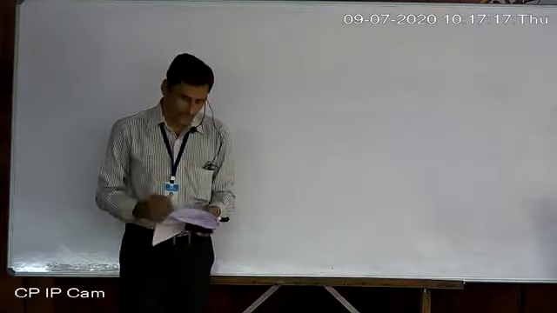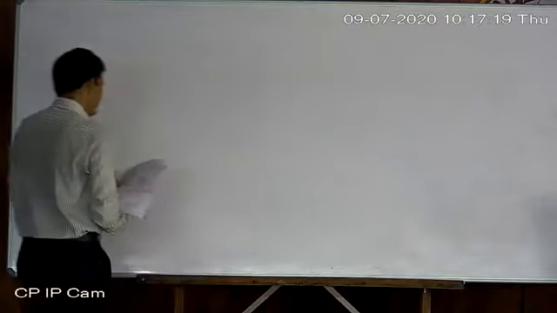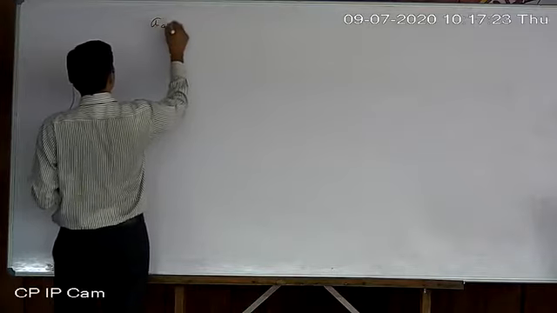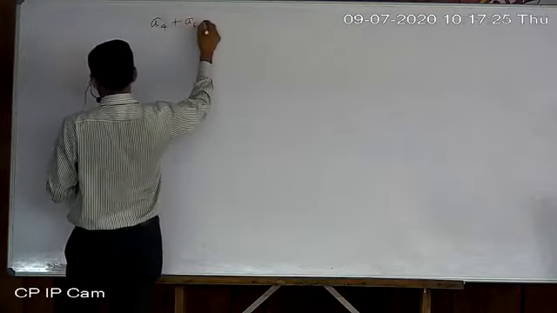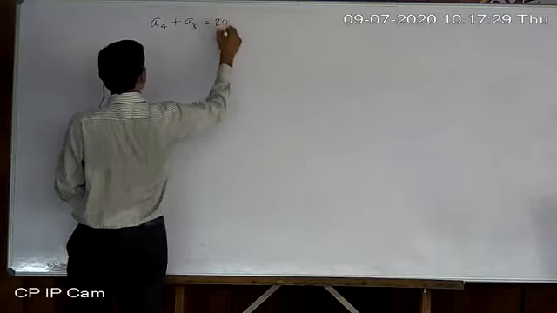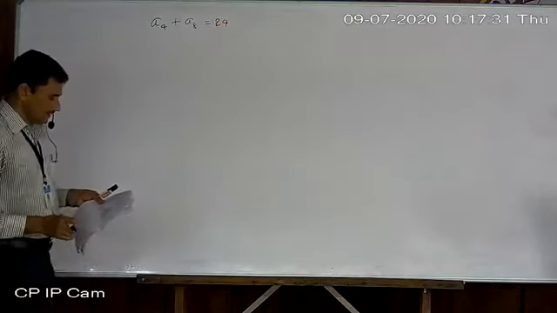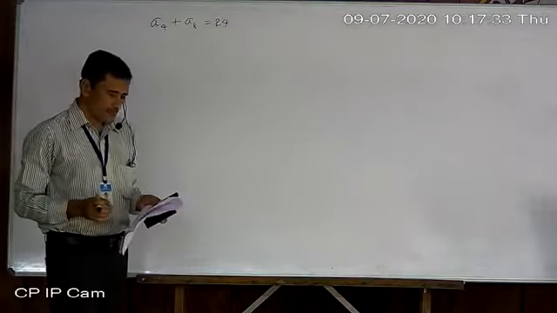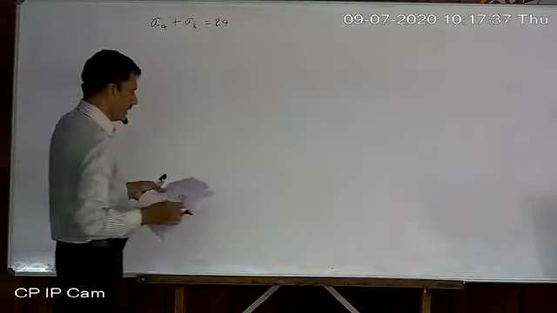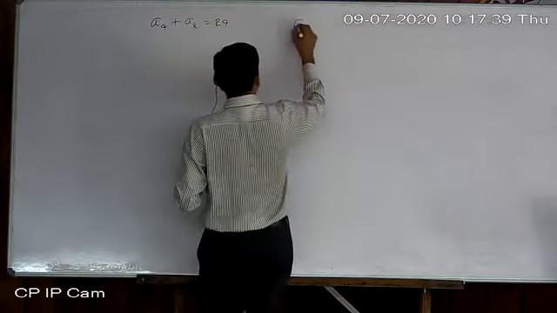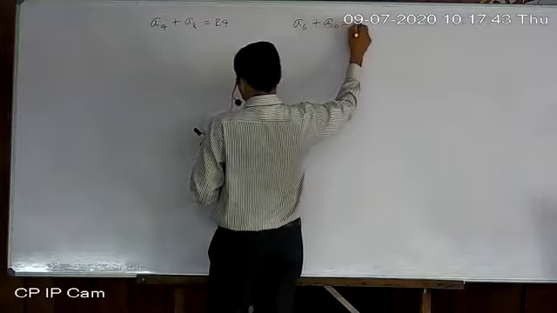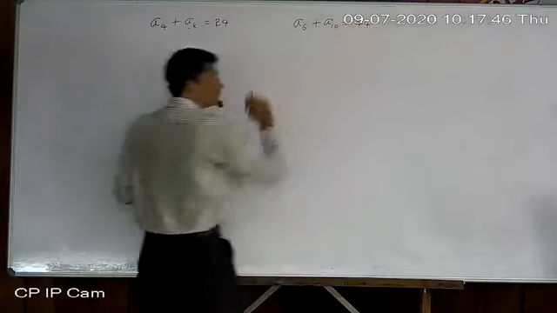Now look at the 4th and 8th term. So I can write A4 plus A8 equal to 24. The sum of both is 24, and the sum of the 6th term and 10th term is equal to 44.